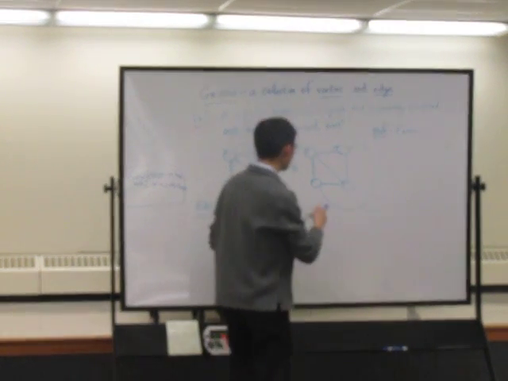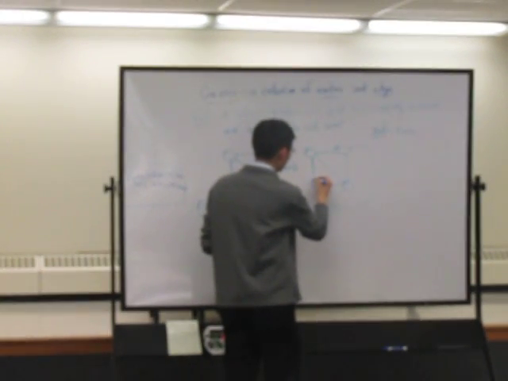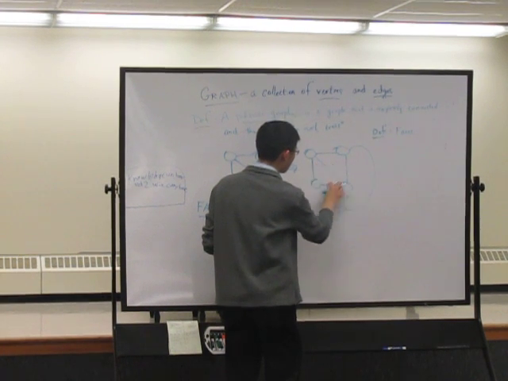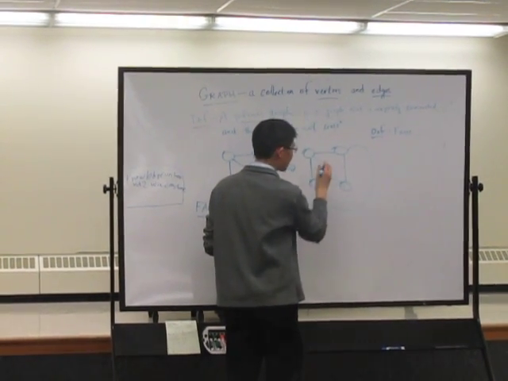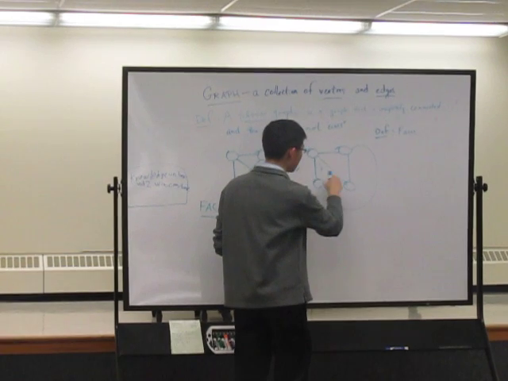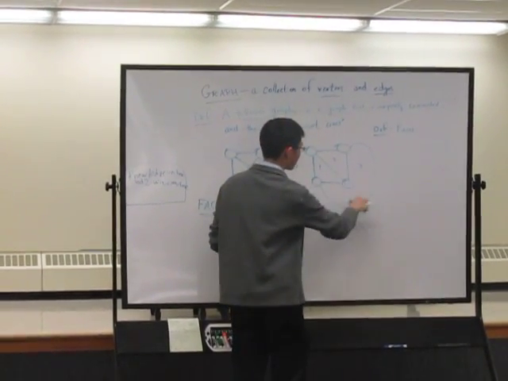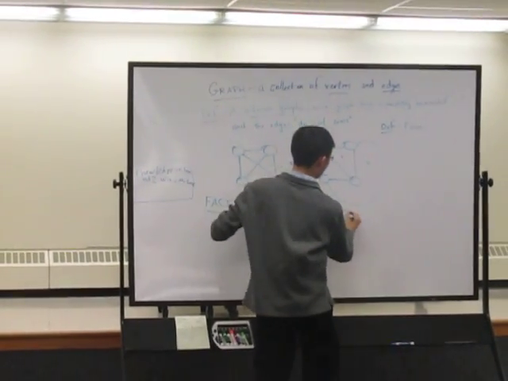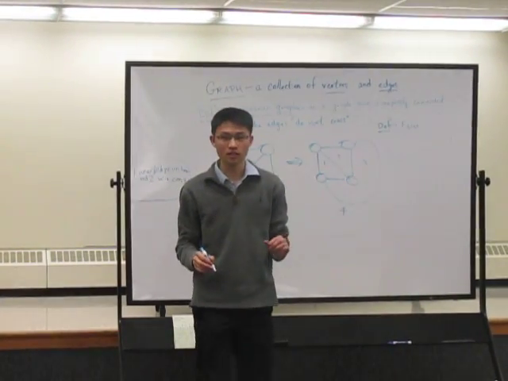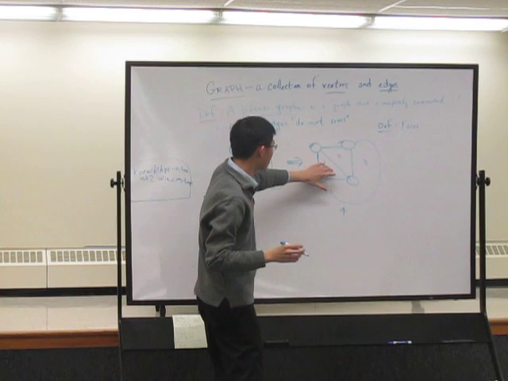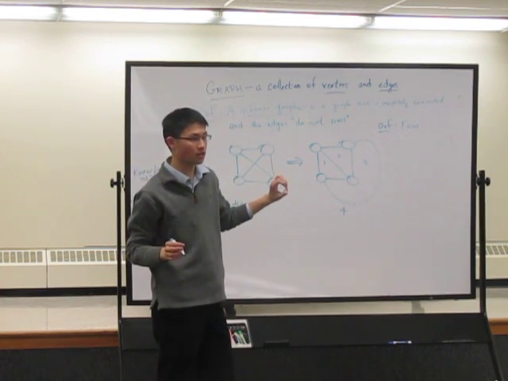What a face is, in a planar graph, it's this section that is cut out. So this would be a face. If we were to number the faces, that's a face. This triangle here, that's also a face. This is a face, right? And it's enclosed. And then this giant thing on the outside is also a face. Does that make sense? It's just the space in between the vertices and edges.